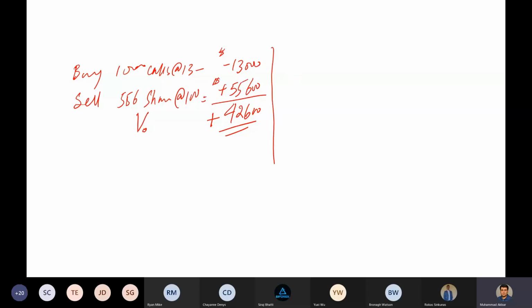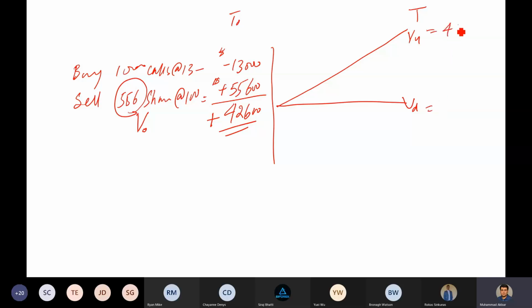And you know that in future there are two possibilities, that is VU and VD. We just saw that if you have the correct hedge portfolio, whether the stock price goes up or down, in both cases the hedge portfolio will have the same value. We saw that it was 44,480, but that was just because we rounded off, so I'll ignore that.